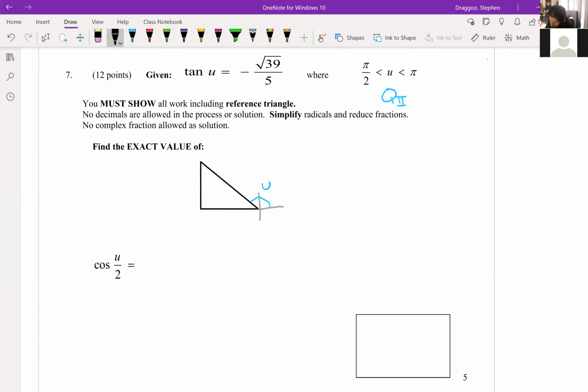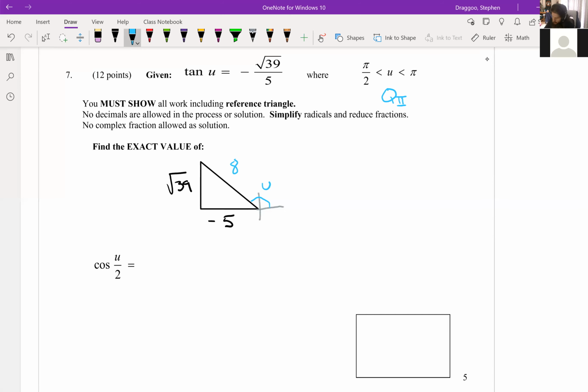Tangent is opposite over adjacent, so root 39 goes here, while 5 goes down here. We're in the second quadrant, so the adjacent side should be negative. And then we'll use the Pythagorean theorem to get that the hypotenuse is 8. 39 plus 25 is 64. Square root of 64 is 8.